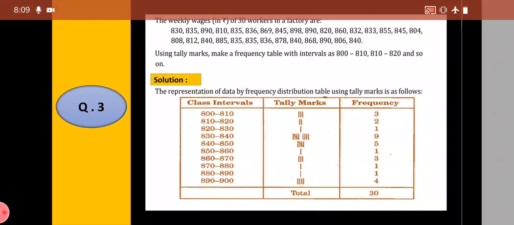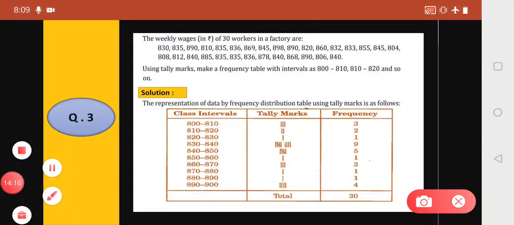Yes. Now for the next class interval, that is 810 to 820, let us count again. You have to count 820 into the higher level, so don't make a mistake. Yes, 812. You have to count 810.